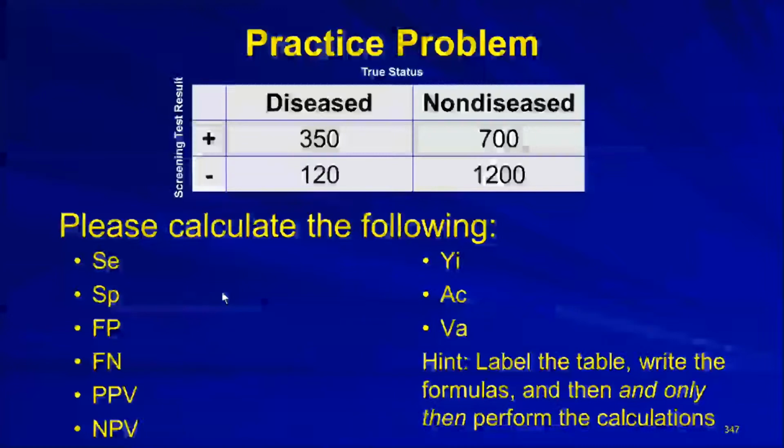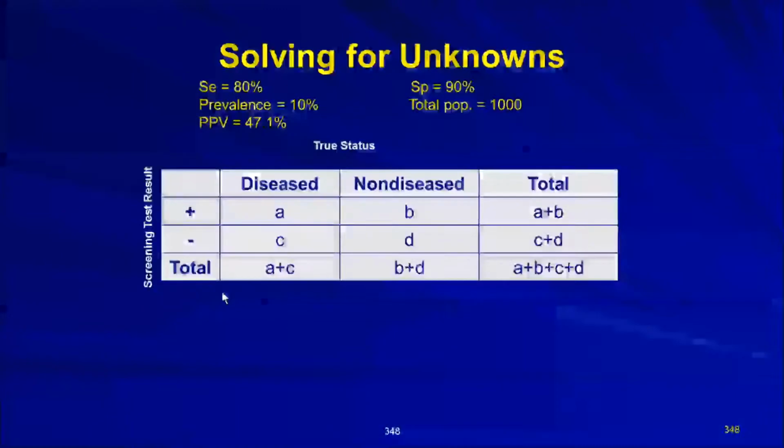Now, here's another important skill that you're going to have to know, and I don't think you'll find it difficult. We'll use not the practice problem homework, but the contingency table before that on sensitivity and specificity testing.